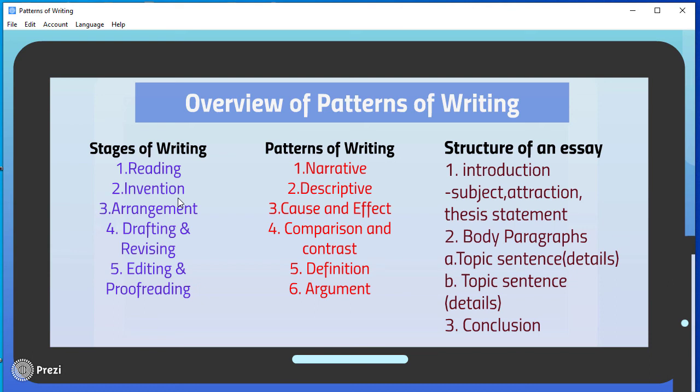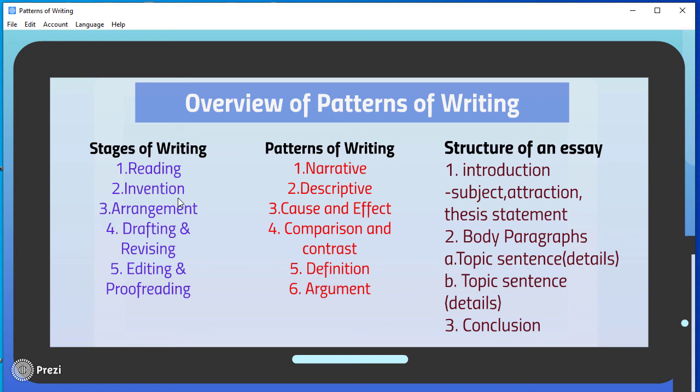I also tell you that the introduction may be one paragraph, but nowadays people write two or three paragraph introductions. That's the difference, because it's a branch of literature. Therefore there is no rigorous rule that you need to have a one-paragraph introduction. So there may be many paragraphs, and the thesis statement can be in the second or third paragraph.